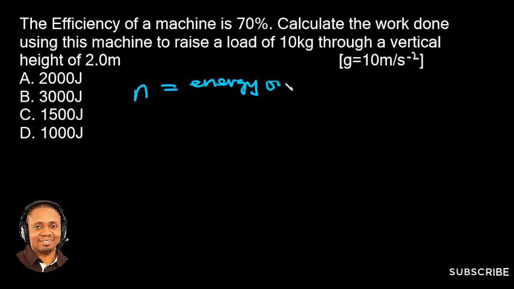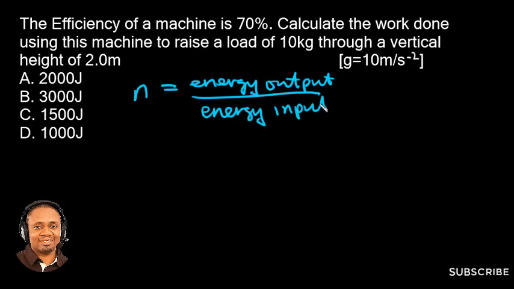energy output over energy input times 100. Alright, so now let us simplify further. The η is the efficiency of the machine, which we are given as 70.